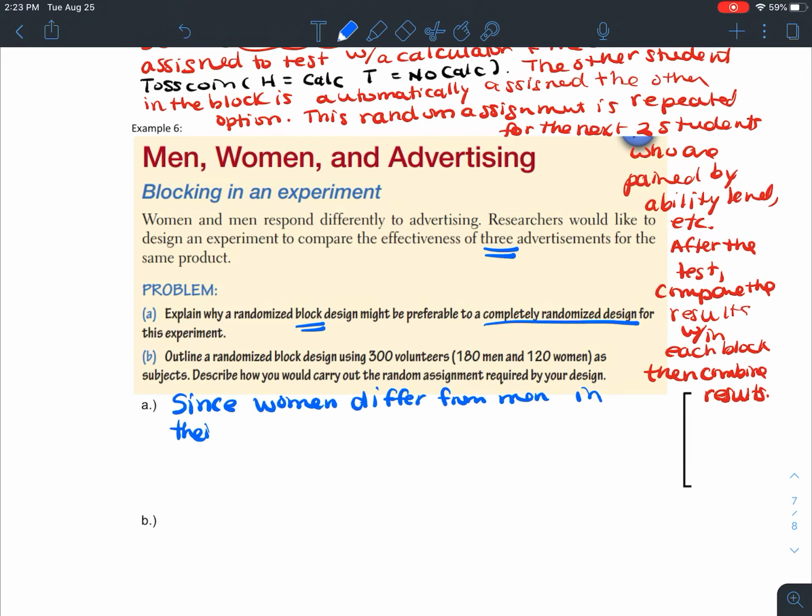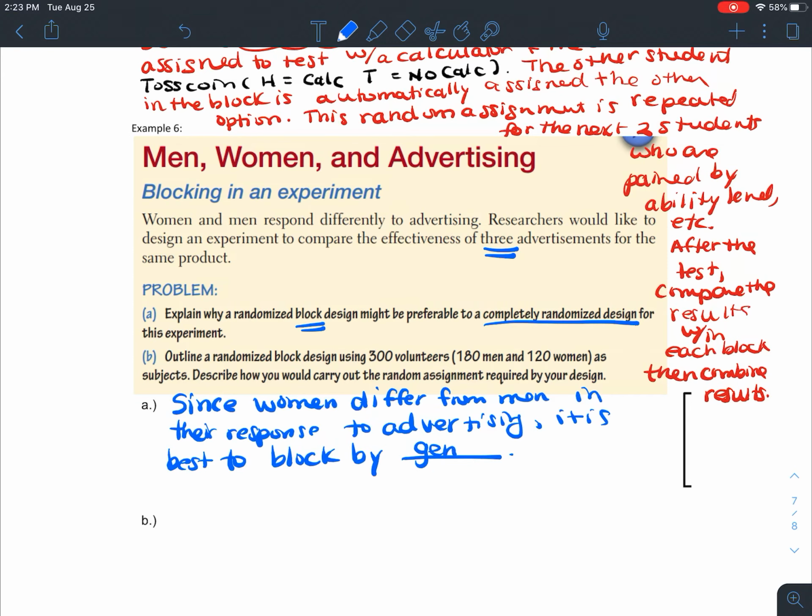since women differ from men in their response to advertising, it is best to block by, and what variable would we want to block by?